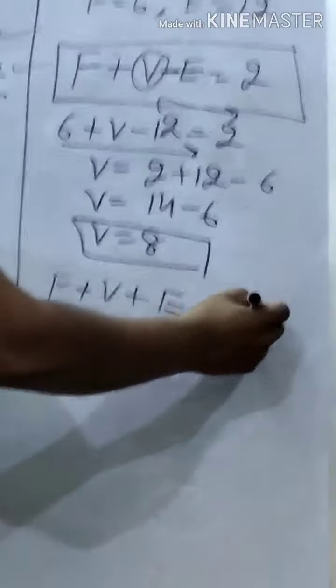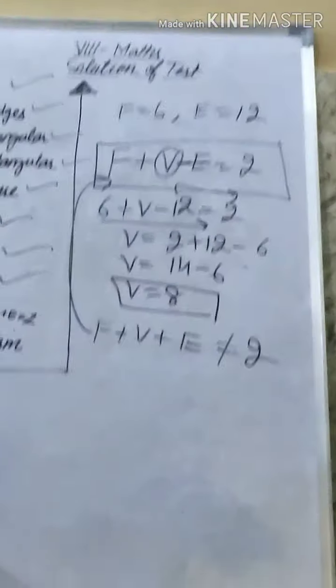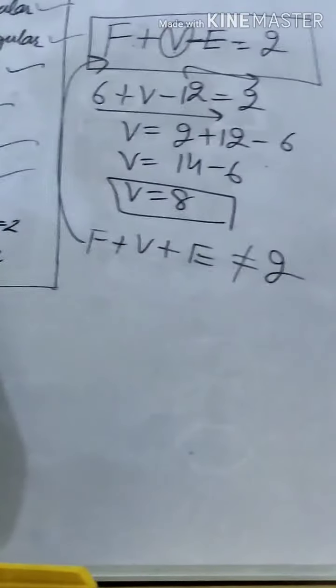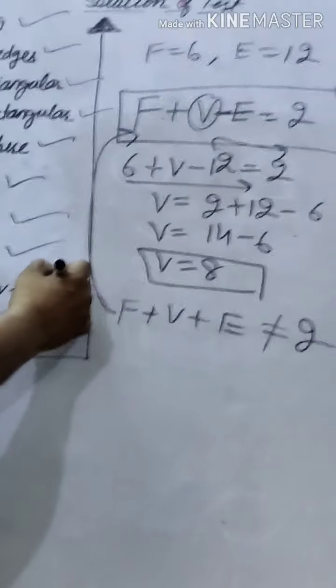It is written that the sum of the faces, vertices and edges is equal to 2, but it is not equal to 2. The correct formula is faces plus vertices minus edges is equal to 2. But in this part it was given as the sum of all three, faces, vertices and edges. So it is wrong. So this answer is the correct answer because it is not Euler's formula.